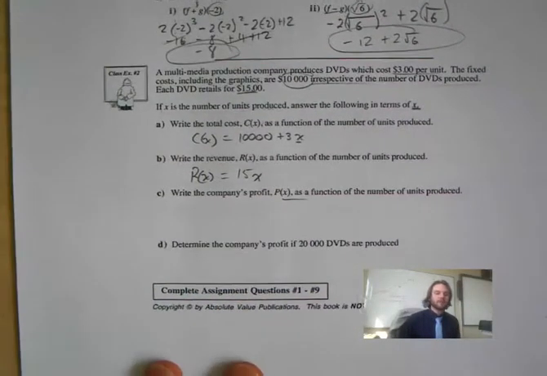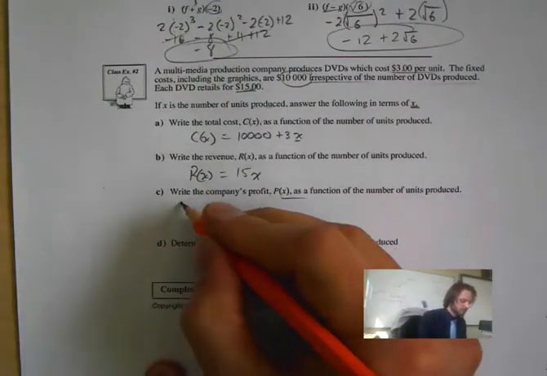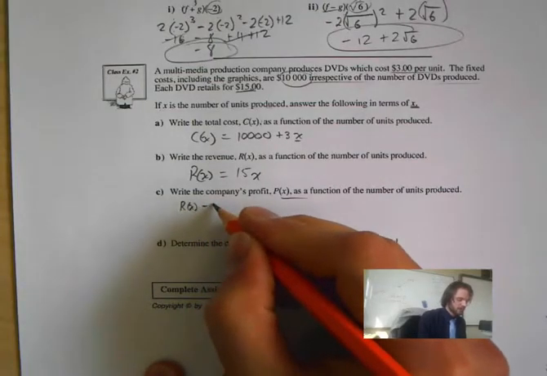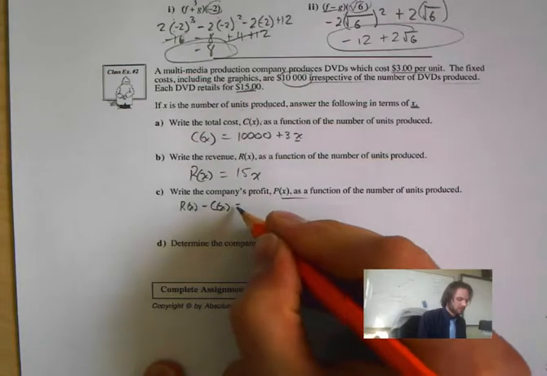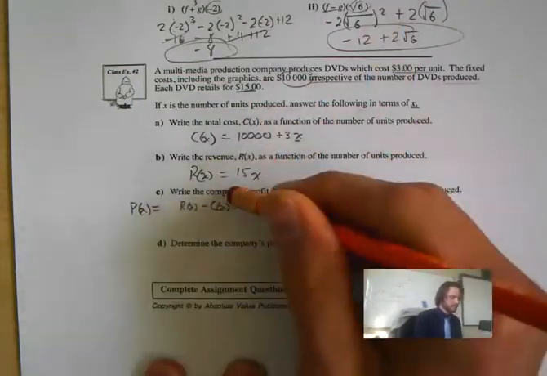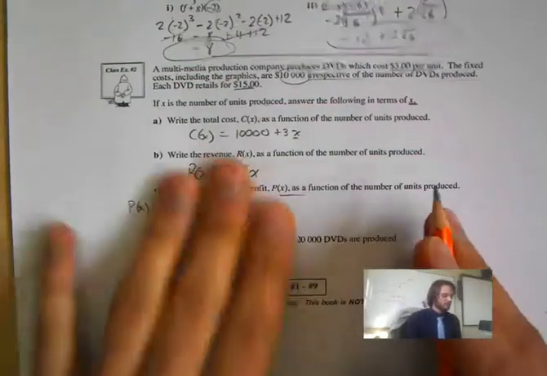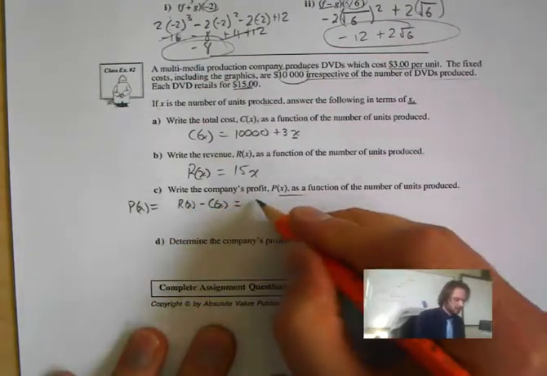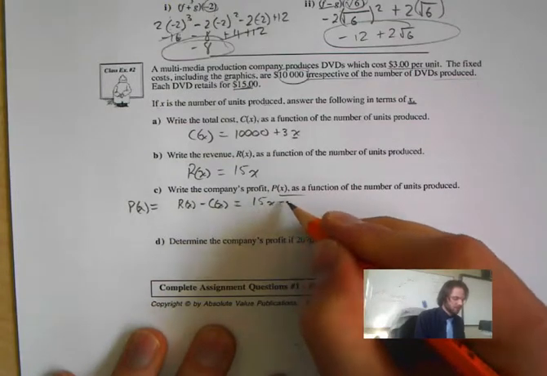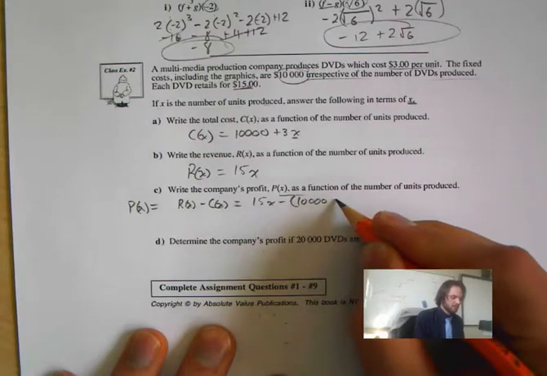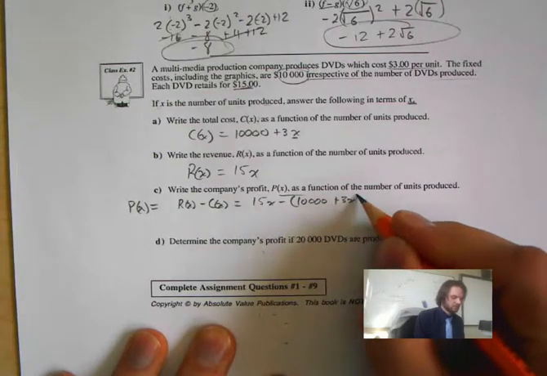Okay? Now write the company's profit as a function of units. Well, your profit is going to be revenue subtract cost is going to equal P of x, right? So in this case, revenue is 15x, and we want to subtract 10,000 plus 3x.